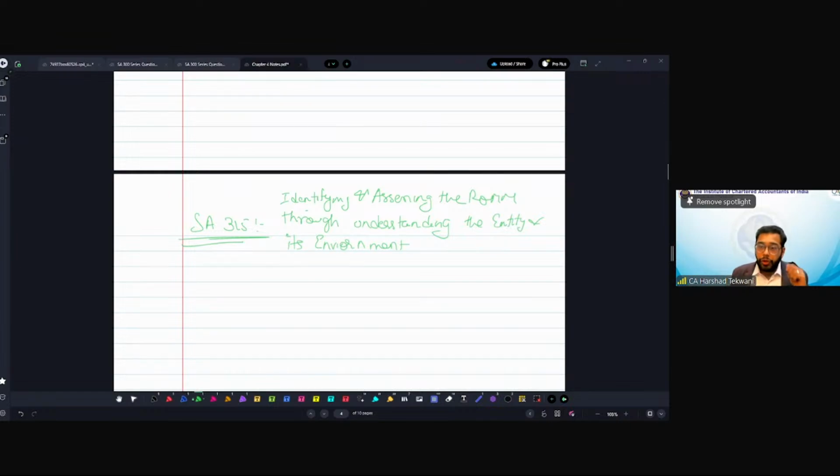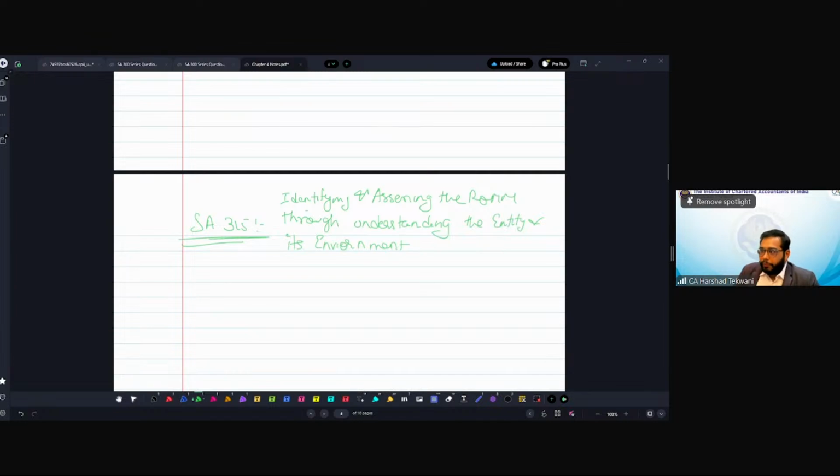Okay, so as you correctly said, when we are required to assess the risk in a financial statement, there are some steps that we need to follow to perform the risk assessment.